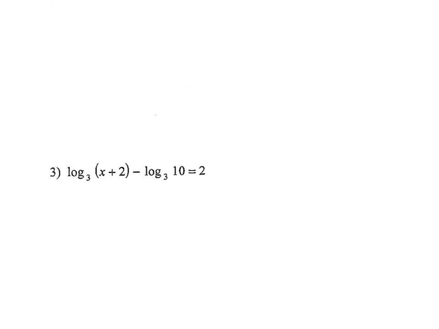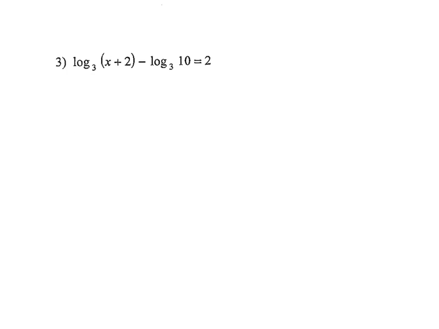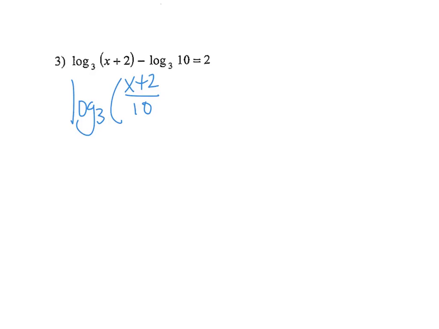And in our third one, like the first, we have a logarithm minus a logarithm, and we know that these divide then to put them together into one logarithm. My equation becomes log base 3 of the quotient x plus 2 divided by 10 equals 2.